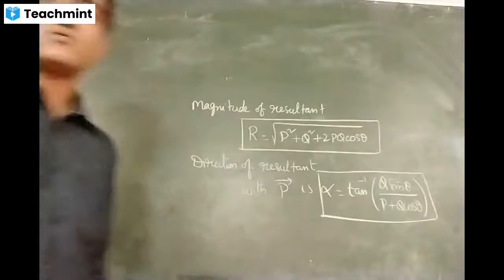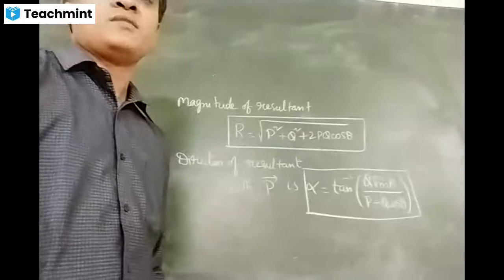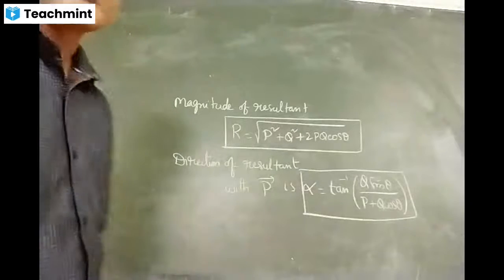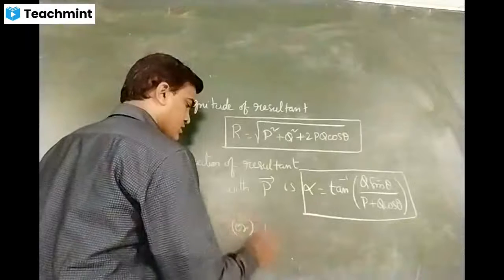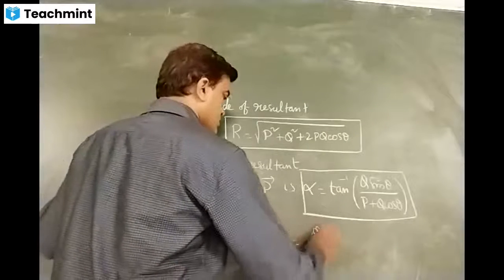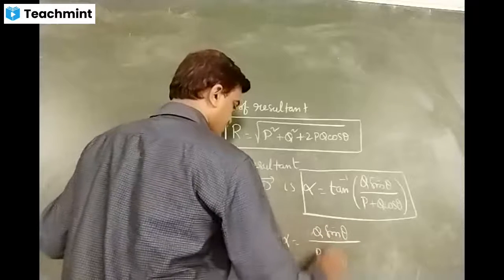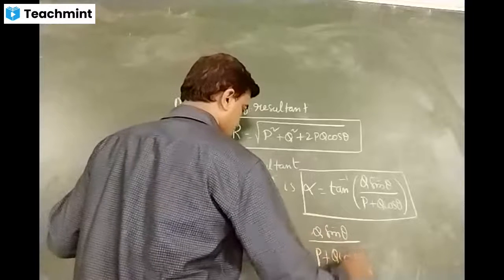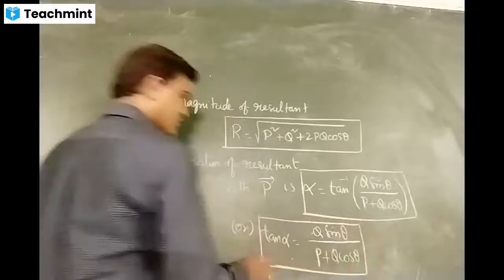Or you can write tan alpha is equal to Q sin theta upon P plus Q cos theta. These are the two formulae which are very, very important.